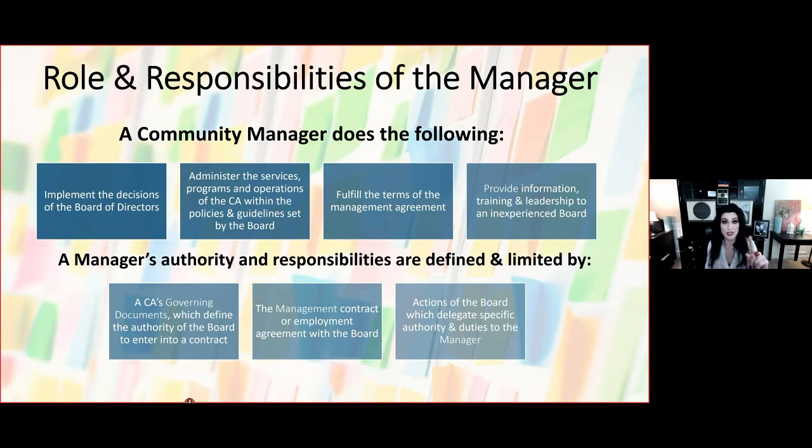However, board members, if you are new to volunteering and you see that your manager is starting to do certain functions and you're like, hey, shouldn't that be the board? There's more than likely a resolution that gives the authority from the board to the manager to be able to process those violation charges. A lot of times there are policies that go on behind the scenes. Maybe your community has a $25 threshold waiving.